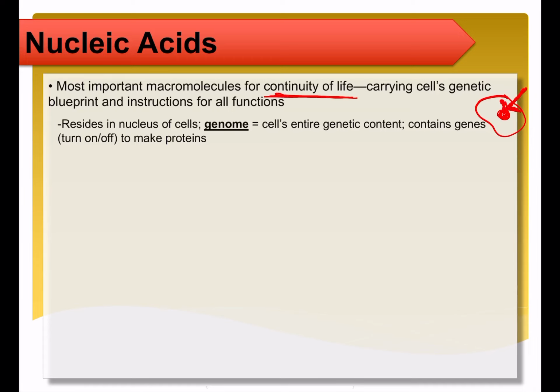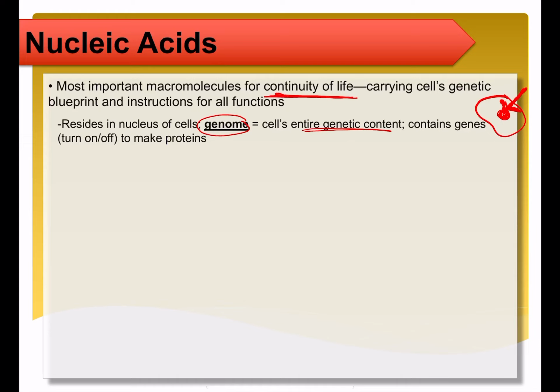We'll talk about the different cell organelles in the cell chapter. So within the nucleus, our entire sequence of genes is located, and we call that our genome. Genome means it encompasses our cell's entire genetic content. Every single letter in there determines who we are, how we look, etc.